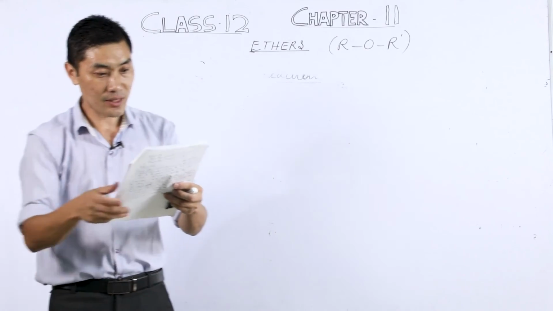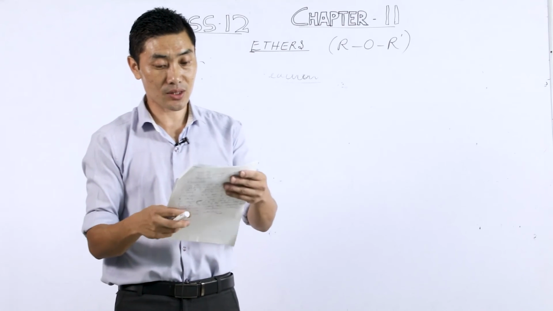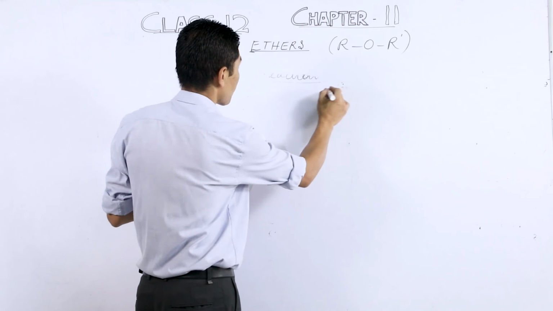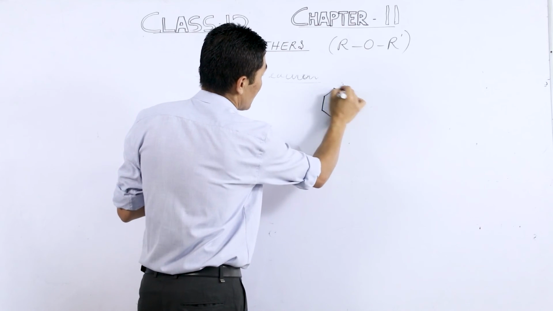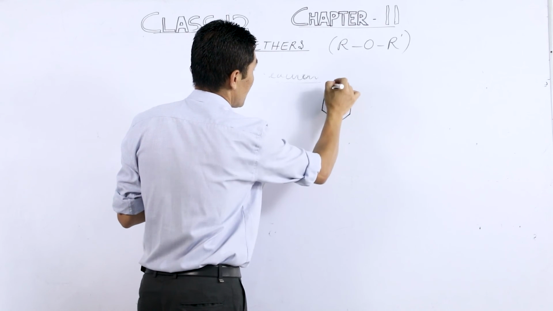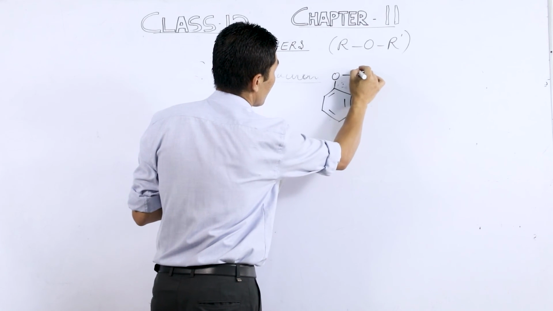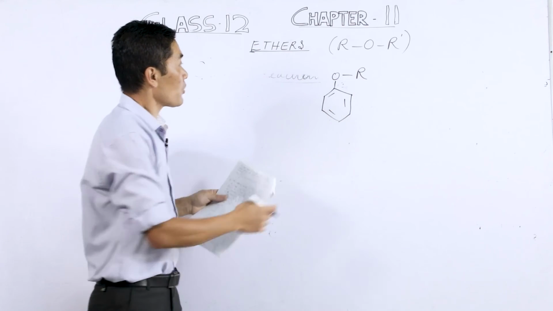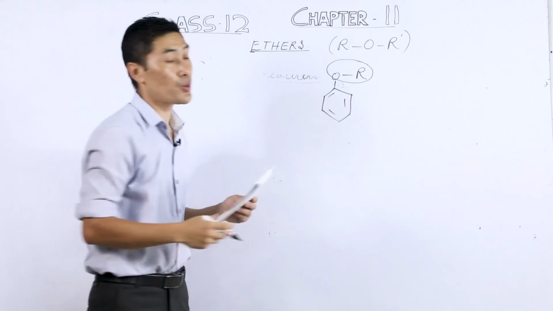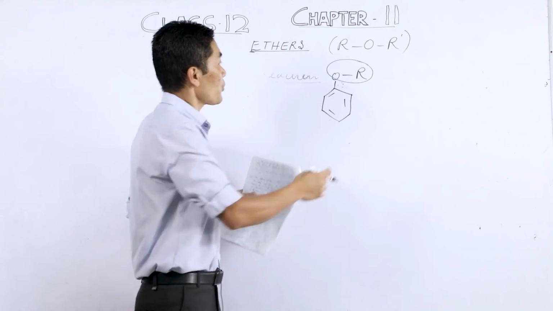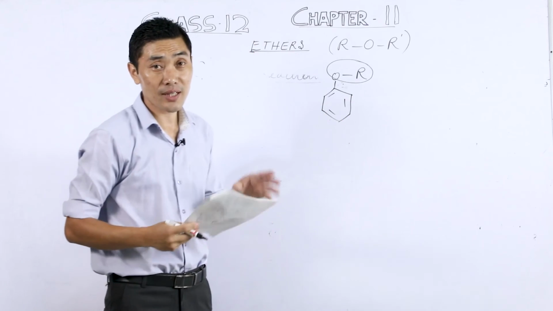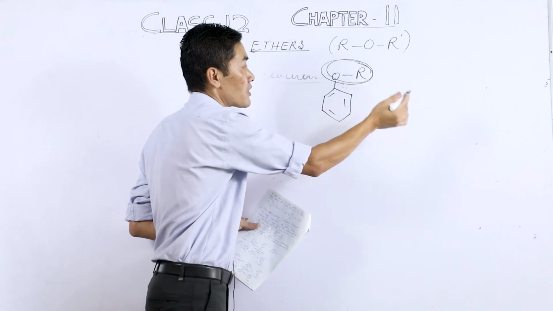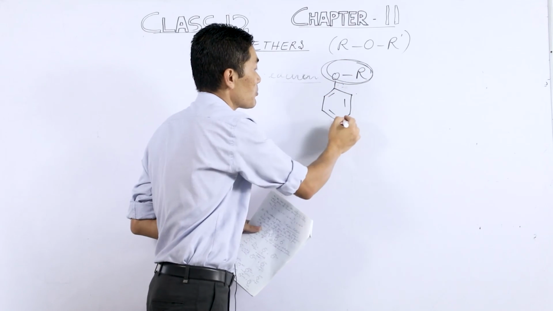The second type of reaction is the electrophilic substitution reaction. Now remember, in these ethers, if we have an aryl ring like this, these are called alkyl aryl ethers. Now this alkoxy group is ortho and para directing. So whenever electrophilic substitution takes place, this alkoxy group will direct the incoming electrophile to ortho and para positions.